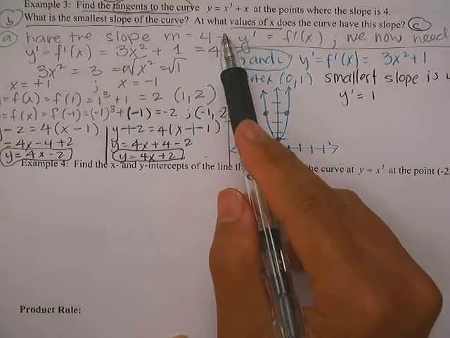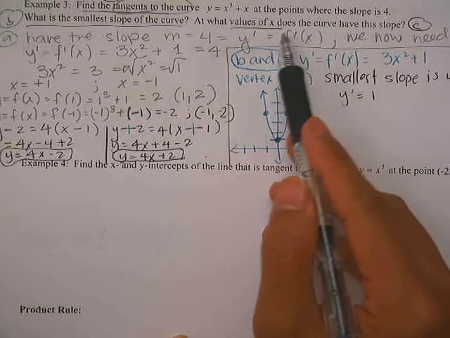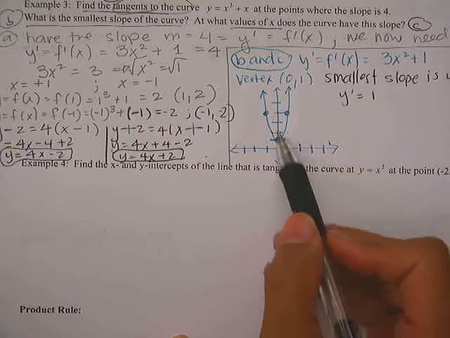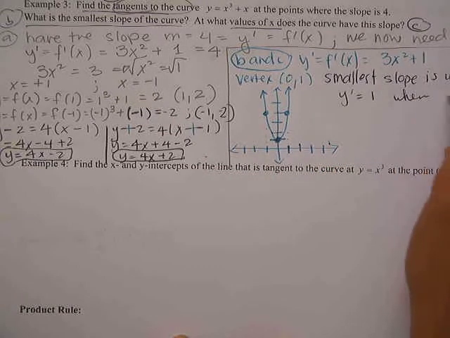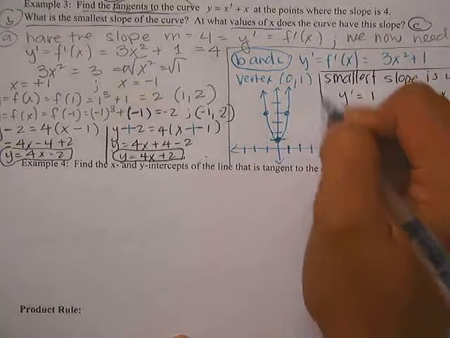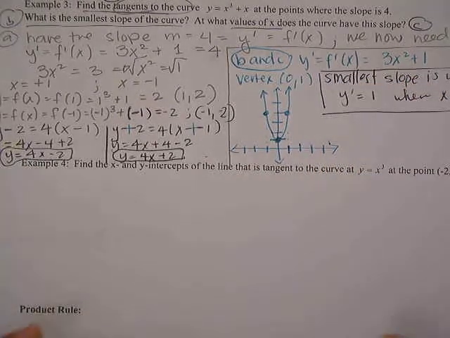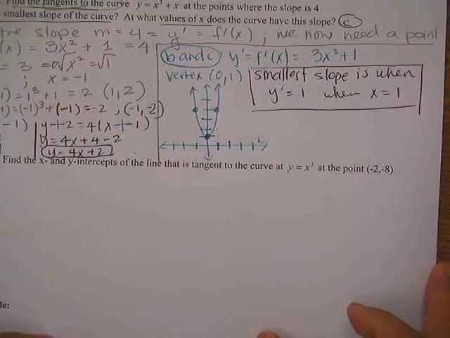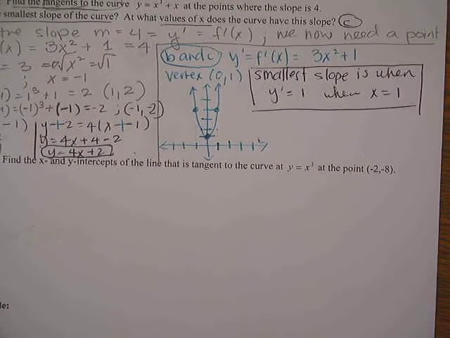Because part B says at what x values does the curve have this slope? Well, when x is 0. Both parts B and C are related to each other. One is just asking what the slope is, and one is asking the location of this particular slope. So I'm going to leave that up for you guys to copy.